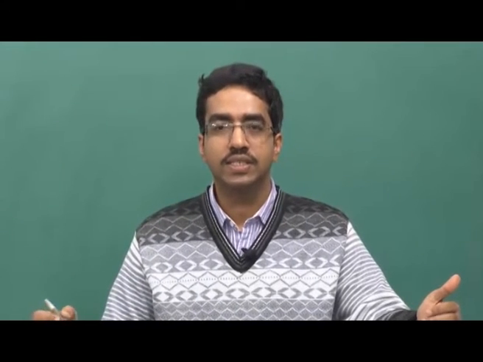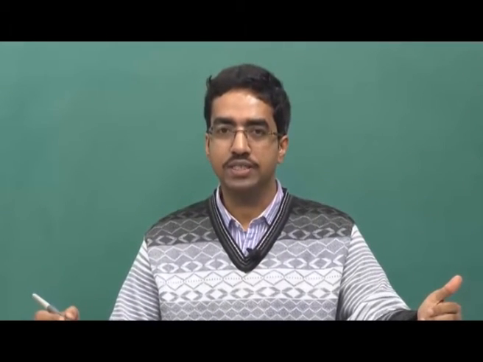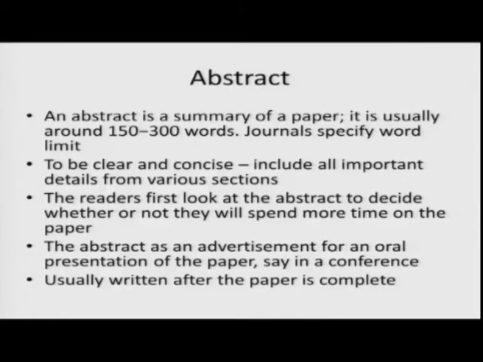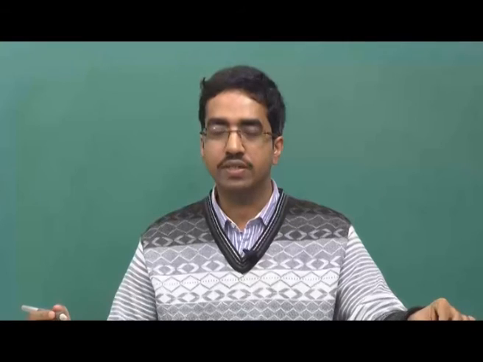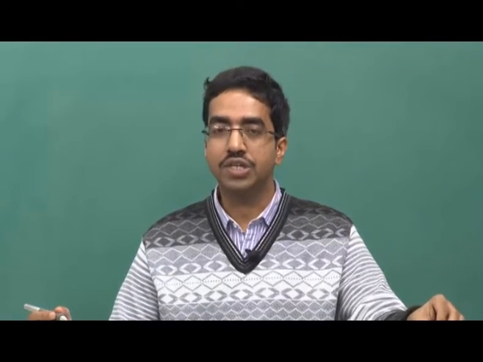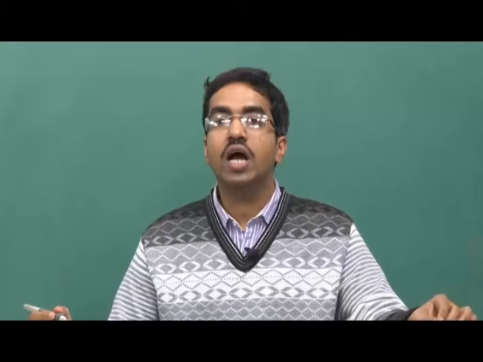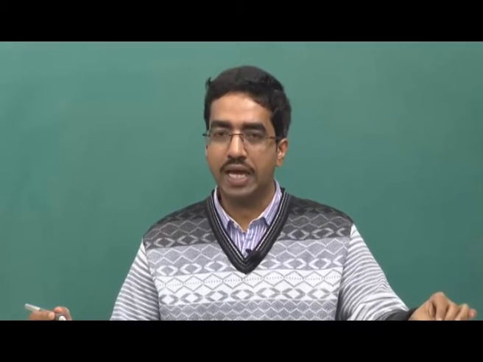The next important component is the abstract. As we have seen earlier, abstract is a summary of your complete text. So, you have it in research reports, in your research proposal, in dissertations, and in research papers as well.